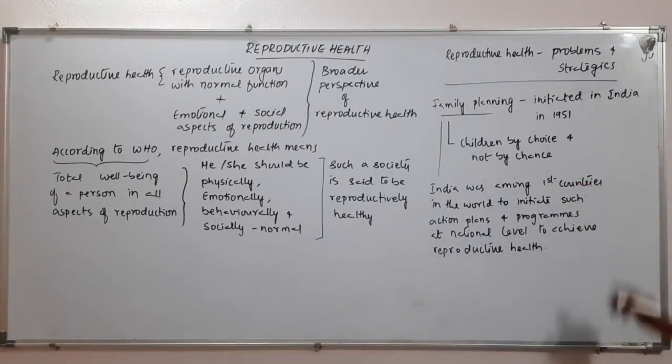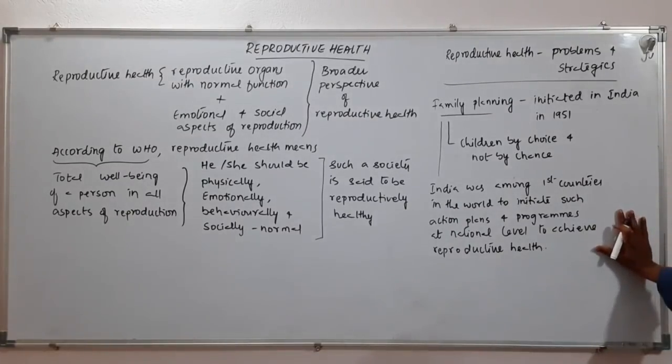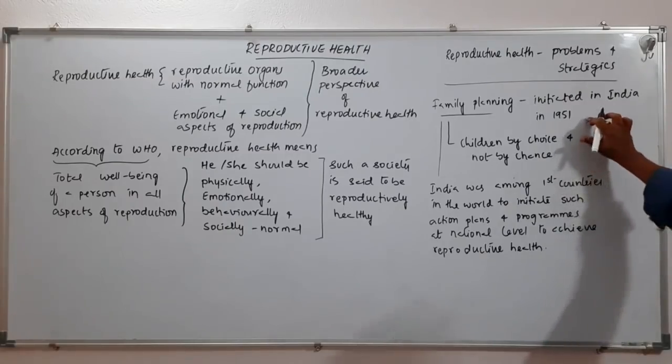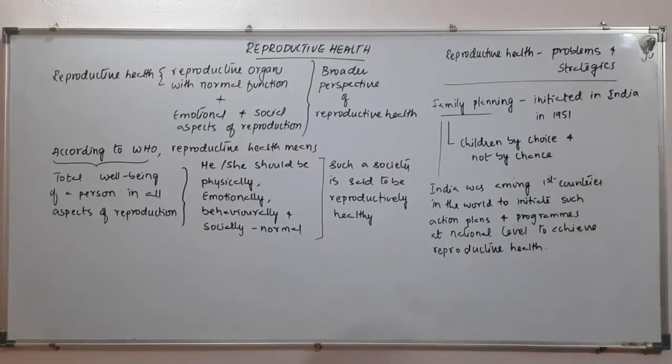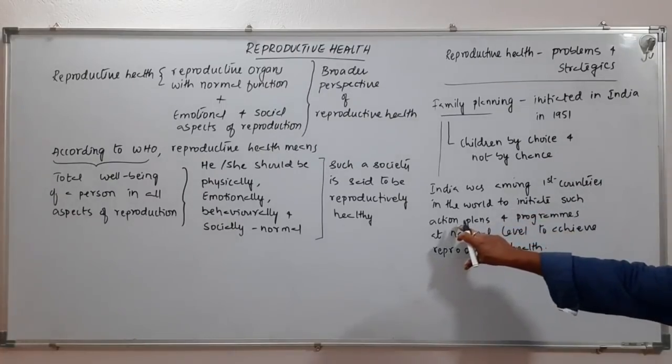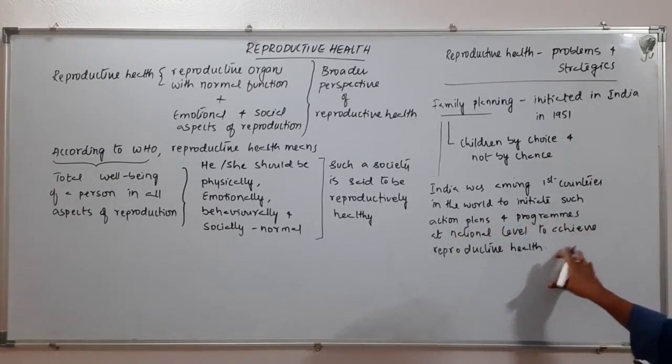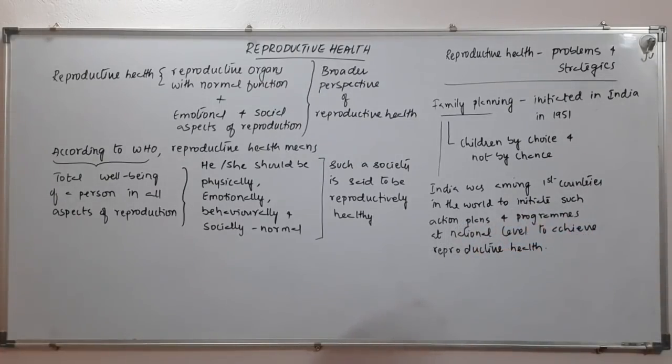Right. So we come to know that such family planning was initiated in India in 1951, and these were different programs which they initiated at the national level to achieve reproductive health.